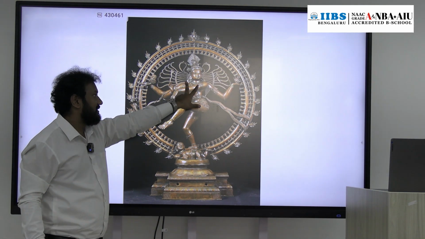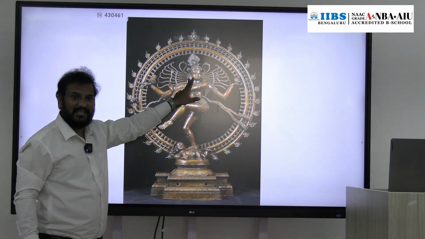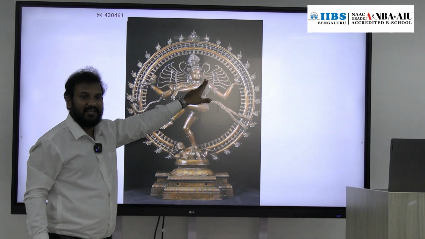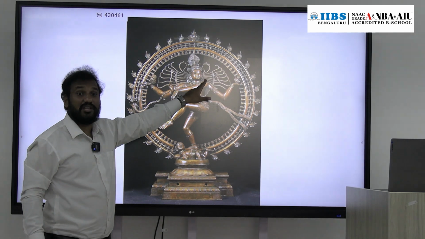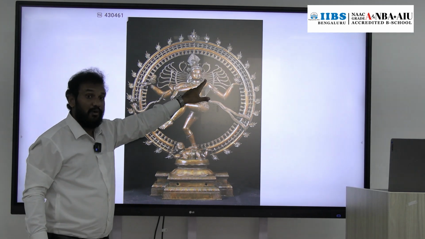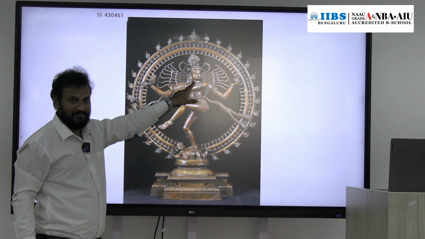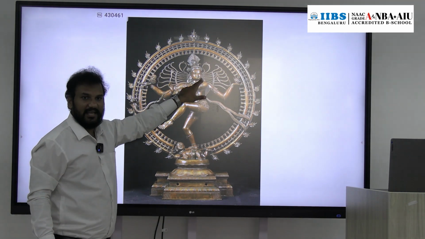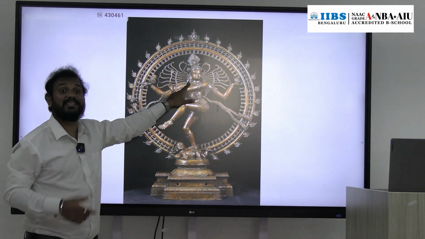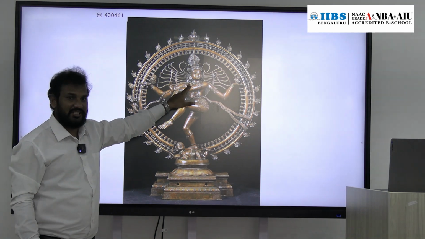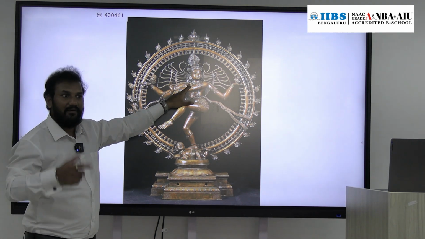Earrings are there: one ear has a male earring, another ear a female earring, Ardhanareshwar, the fusion of male and female, Purusha and Prakriti. The snake around the neck represents the Kundalini Shakti, the subconscious mind of a person.